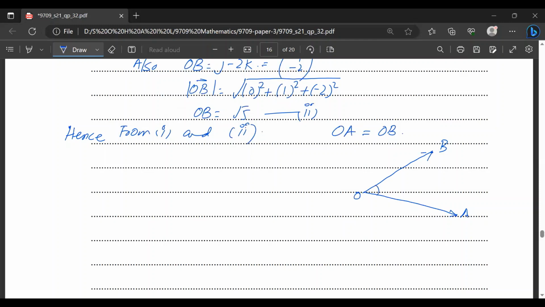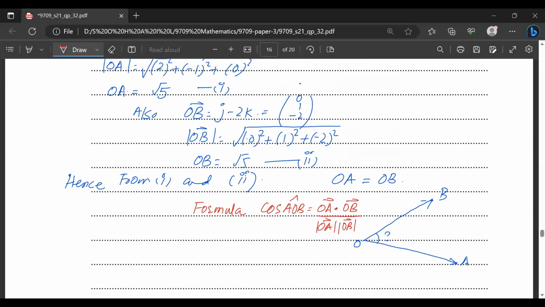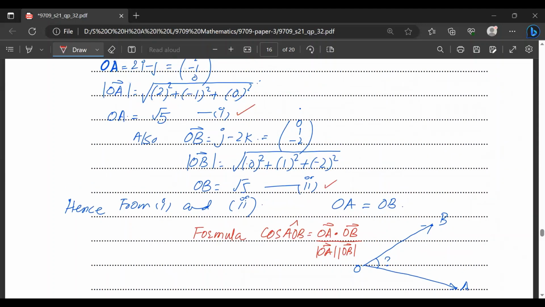The angle at O is required. So the formula which you can use for this is: cos of angle AOB, as the angle is at point O, is OA dot OB, both vectors starting from O, divided by the OA magnitude and the OB magnitude. So we have the magnitudes given. The magnitude of OA is root 5, the magnitude of OB is root 5.